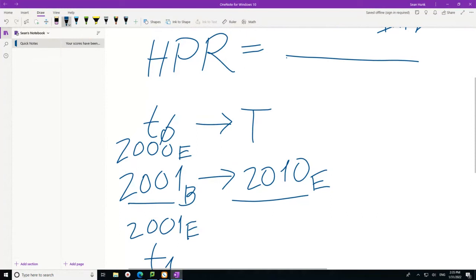December 31st, 11:59, and the clock is ticking, right? 60 seconds later. So December 31st, midnight is the end of the year 2000, but it's also the beginning of year 2001, right? Makes sense? End of today, midnight today, is also 0 hour tomorrow, right?